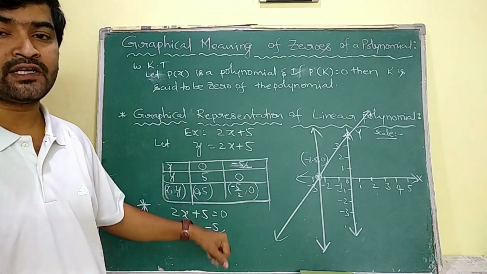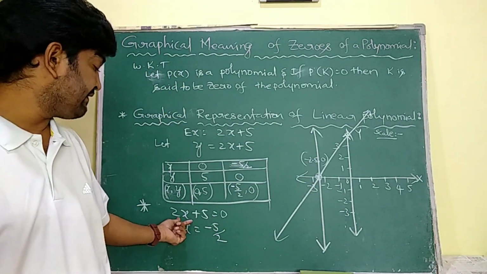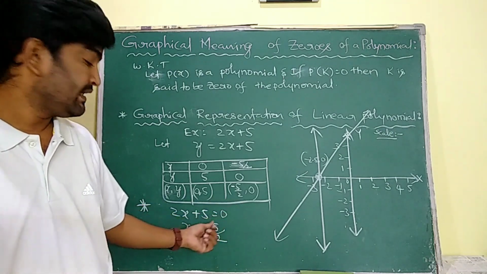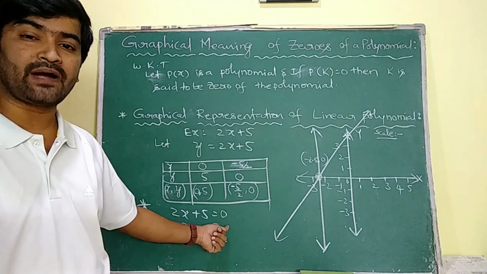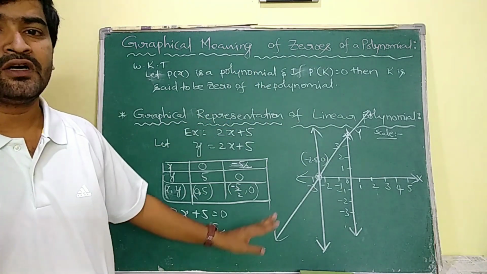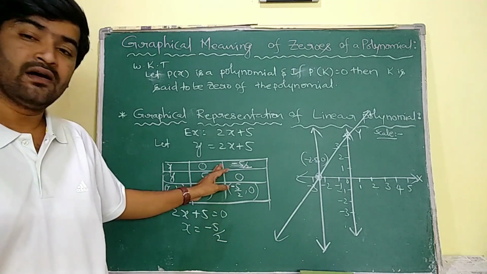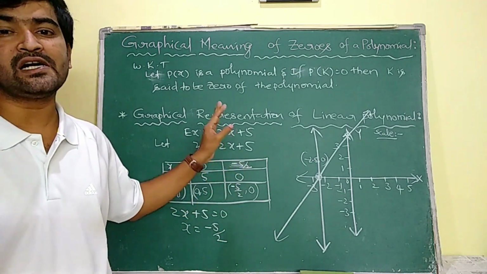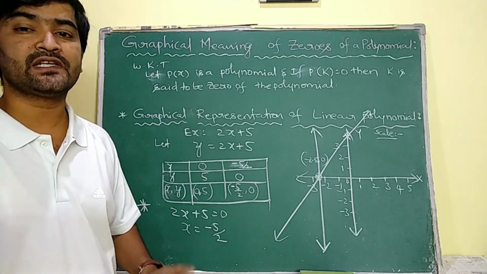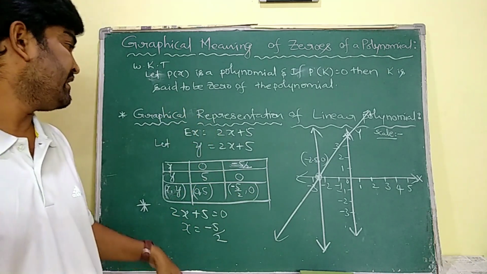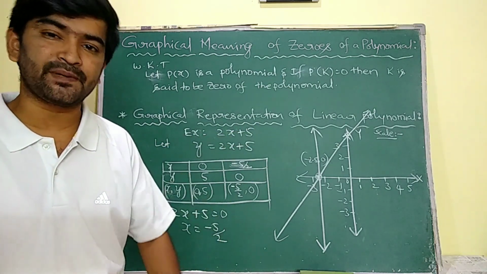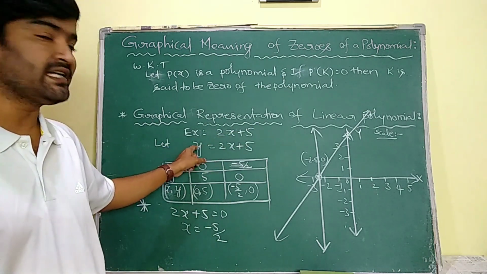Again I am telling you, if the polynomial is given as 2x + 5 = 0, then this represents x = -5/2. That is a line parallel to the y-axis. Here you need not draw an ordered pair table. Ordered pair tables are drawn only for polynomials having two variables. Earlier, he gave 2x + 5 as an algebraic expression, that's why we assumed it as y.